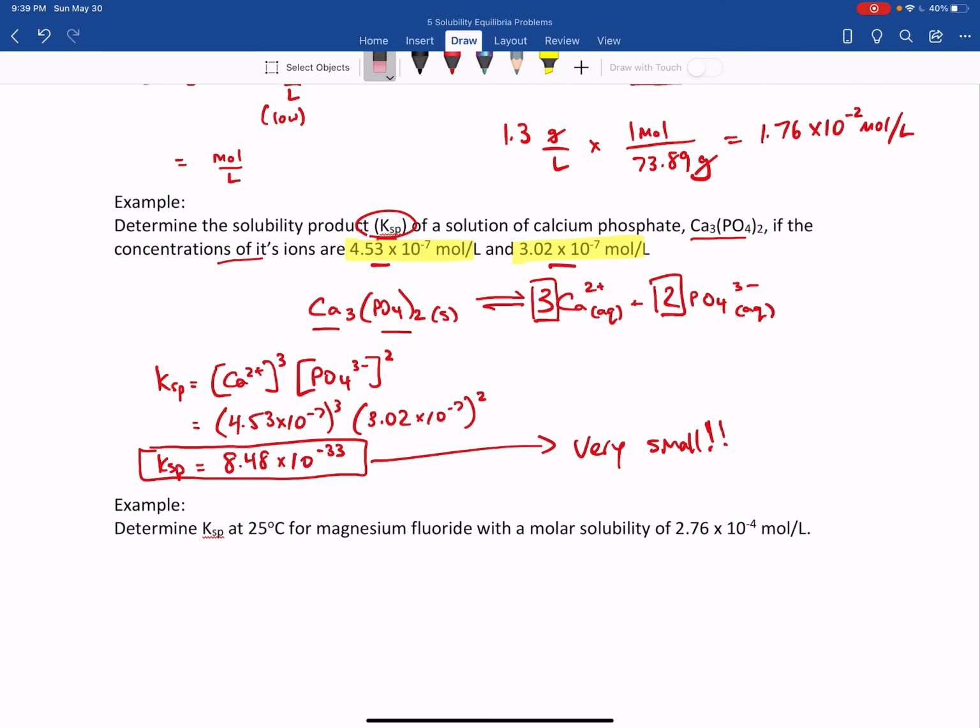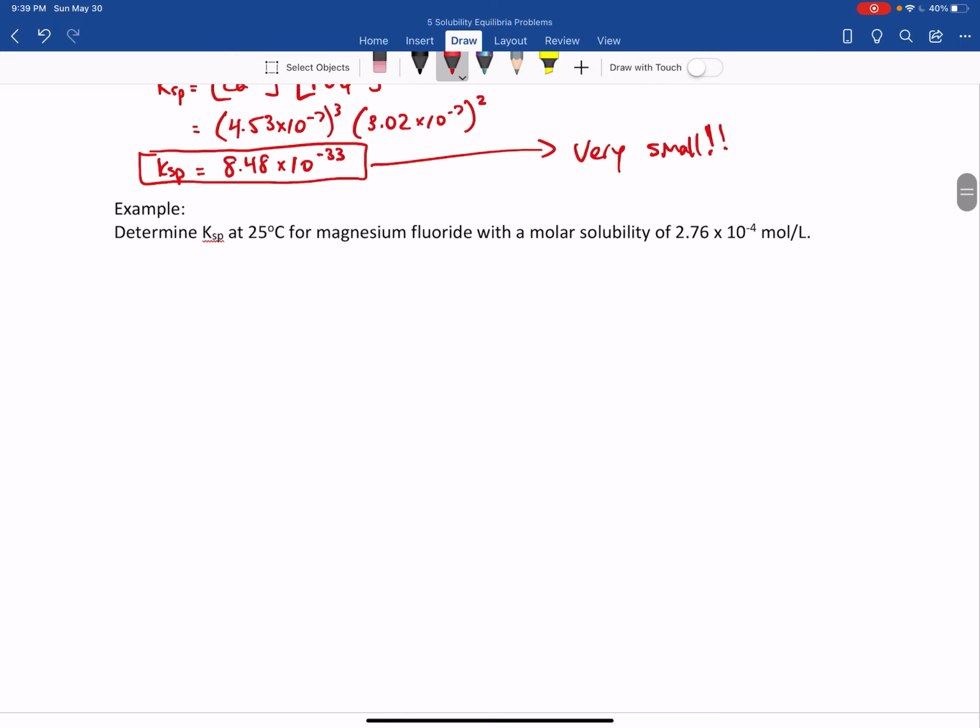Now, given this value here, we're working with the compound magnesium fluoride. So we're being asked to determine the KSP value. Again, to do that, we need an equation, and it needs to represent the solute dissolving into its ions. So magnesium fluoride is MgF2. And because it's dissolving, it's a solute, it's solid at that point.